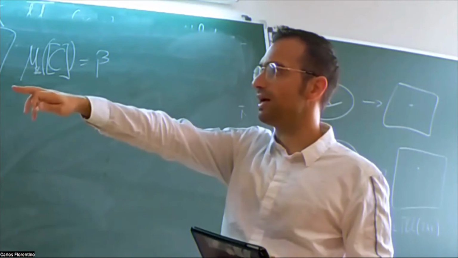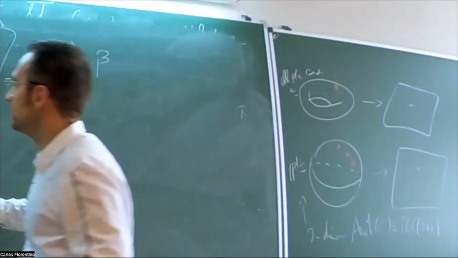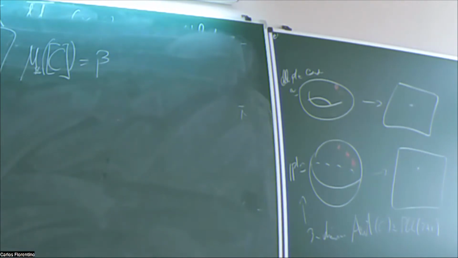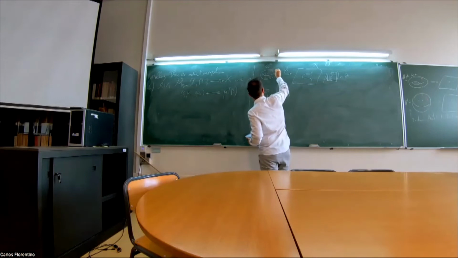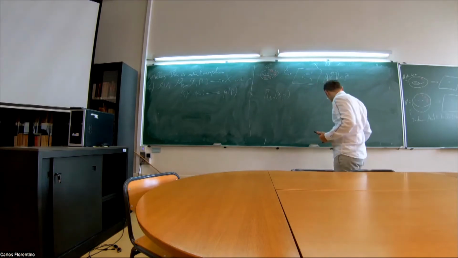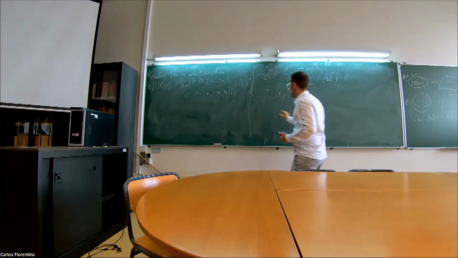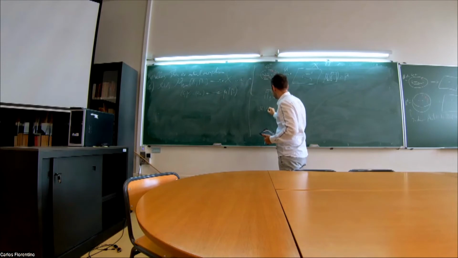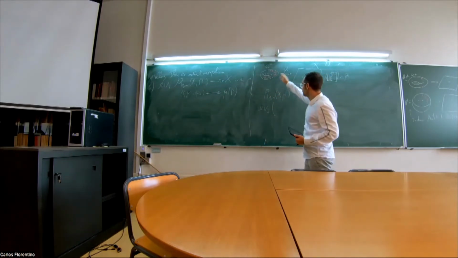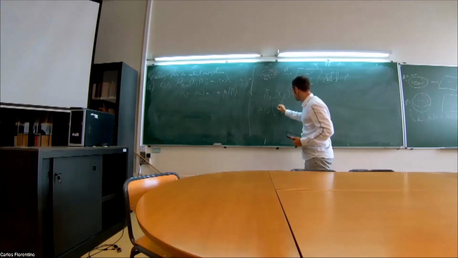Okay, what is this ev_i? It simply maps this object. Let's give a number to each marked point. ev_2, for example, of this stuff.